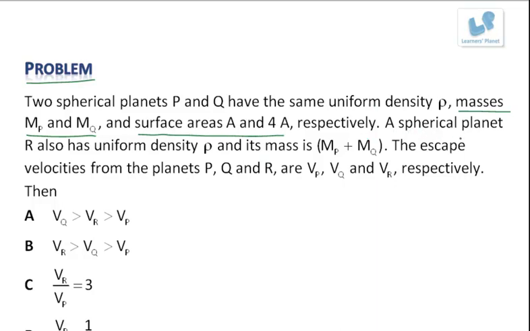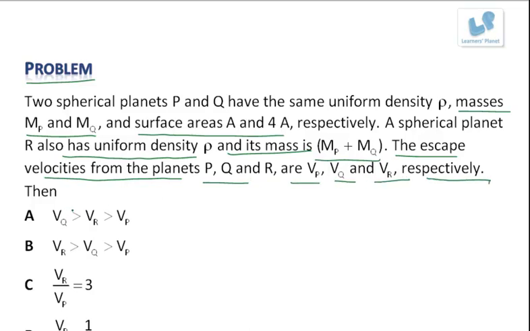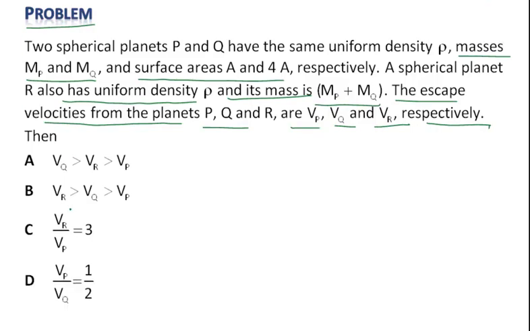A spherical planet R also has uniform density rho and its mass is MP plus MQ, that is the sum total of both the planets. The escape velocities from the planets P, Q and R are given as VP, VQ and VR respectively. Then which among the four options are correct?